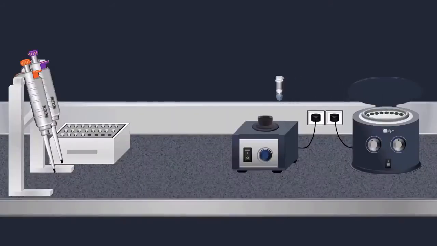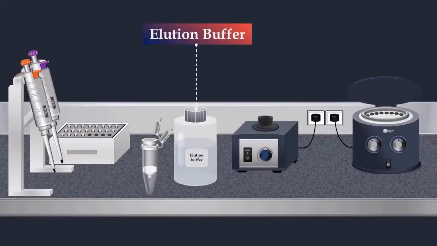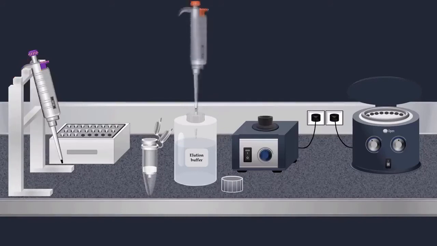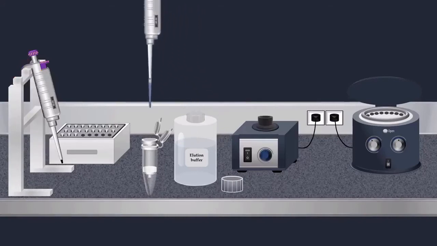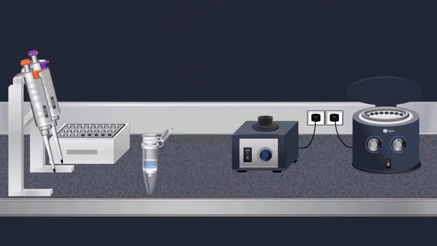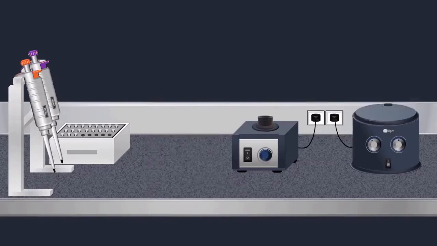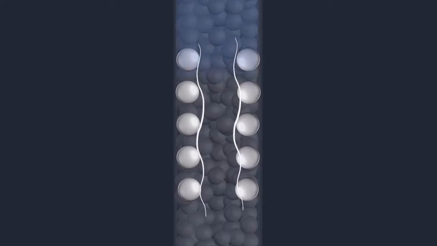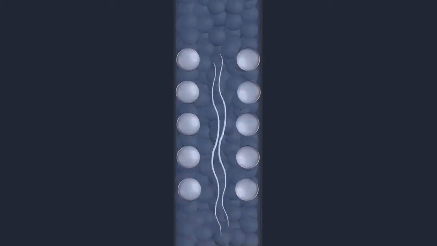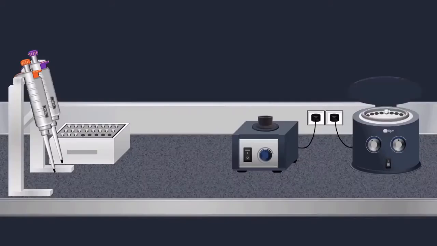Once the sample is washed, the column is placed in a clean microcentrifuge tube, and an elution buffer is added. Then, a centrifugation is carried out, forcing the elution buffer through the membrane. The elution buffer removes the viral RNA from the spin column. And a purified RNA, which is free of protein, inhibitors, and other contaminants, is obtained.